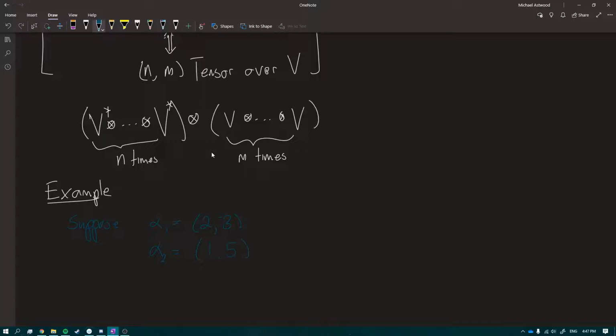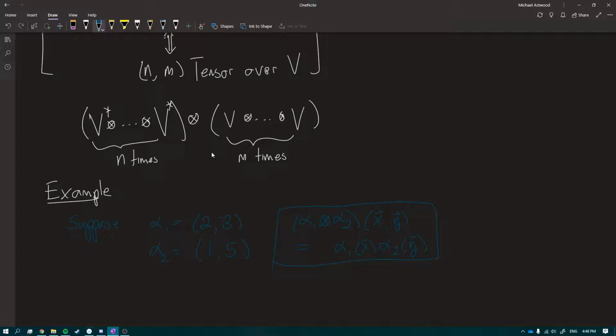Then you can tensor alpha 1 and alpha 2 together. And if you were to apply this to two vectors, you would end up with alpha 1 of x times alpha 2 of y. That's really all there is to it. This is the entire idea behind the tensor product.